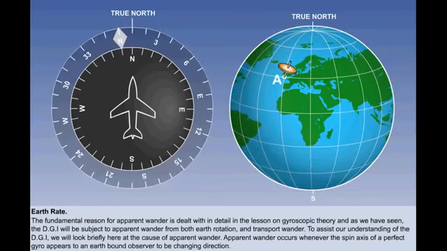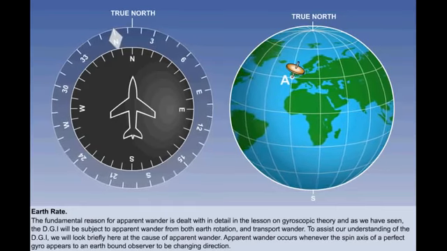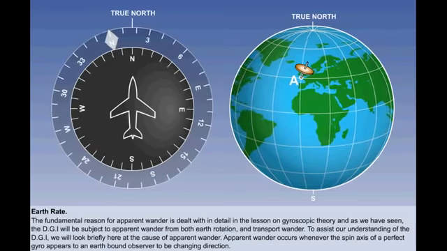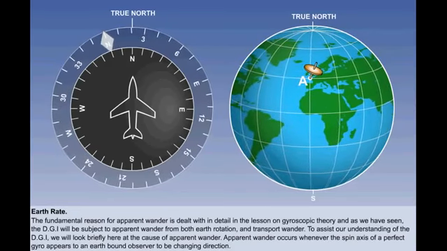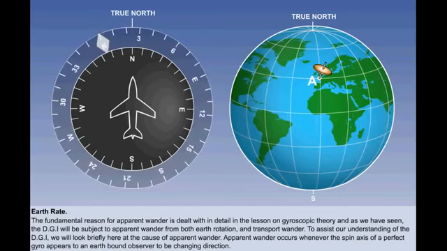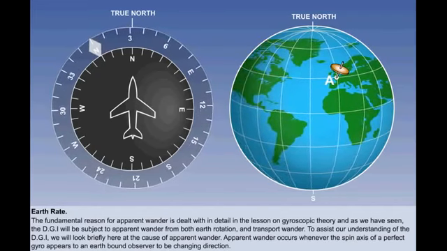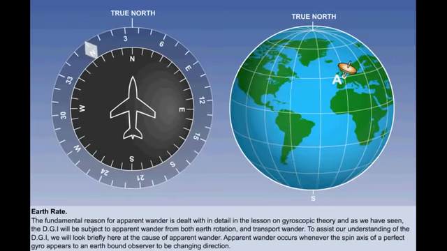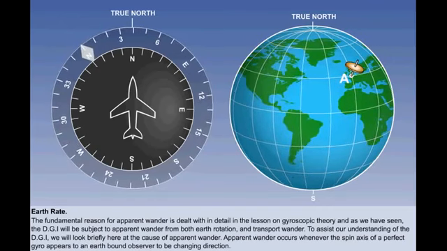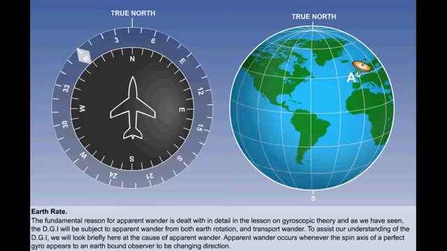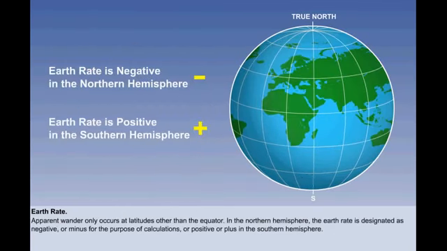In effect, the direction in which the gyro is pointing remains fixed in space, but to an earthbound observer, it is the direction of true north which remains fixed. It will appear to the observer, therefore, that relative to true north, our DGI reading has decreased. This is known as apparent wander due to Earth rate.